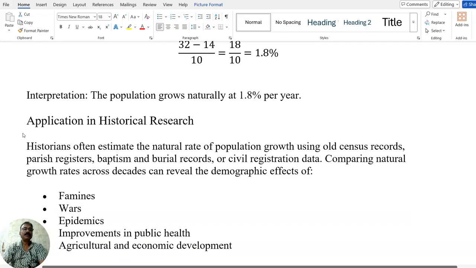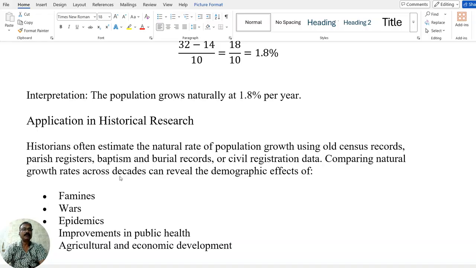And for the historian, how can it be applied in historical research? Historians often estimate the natural rate of population growth using old census records, parish registers, baptism and burial records, or civil registration data.